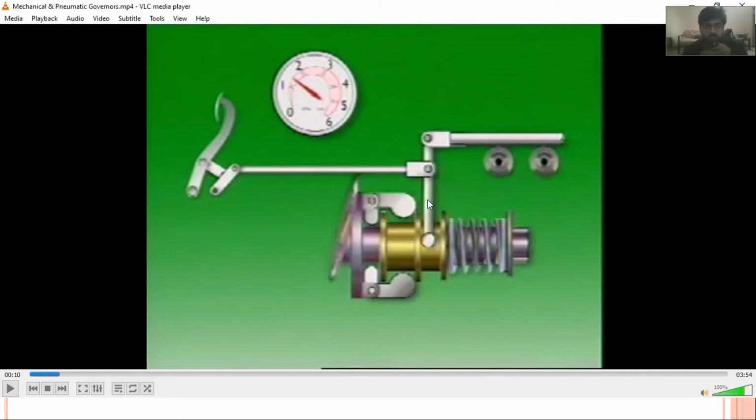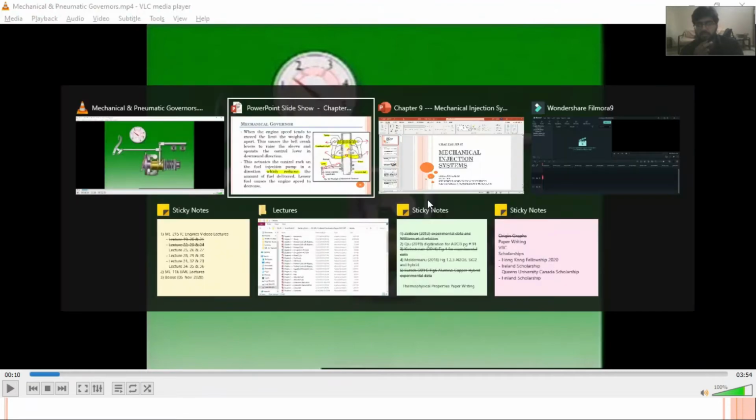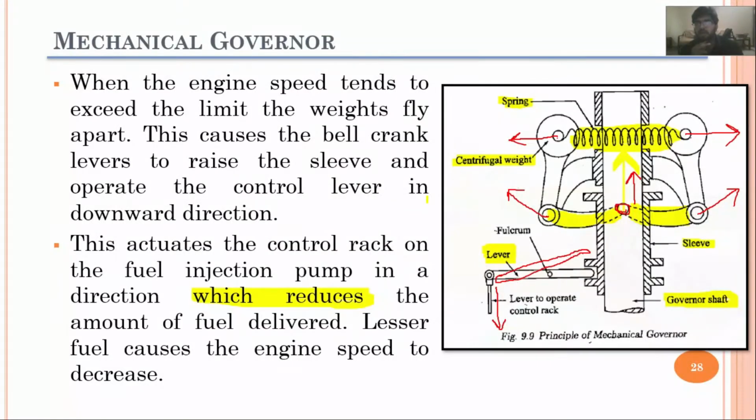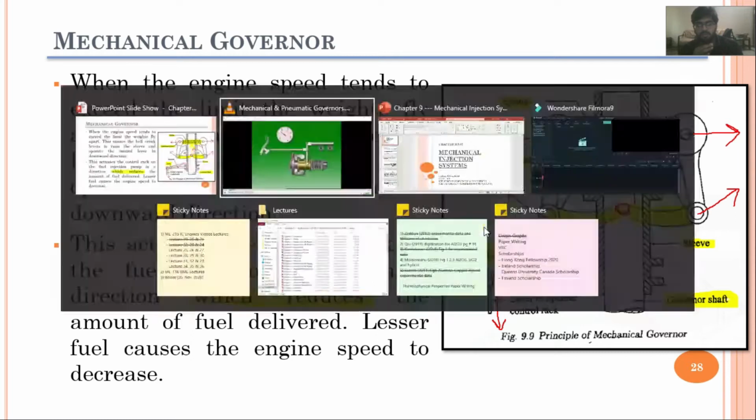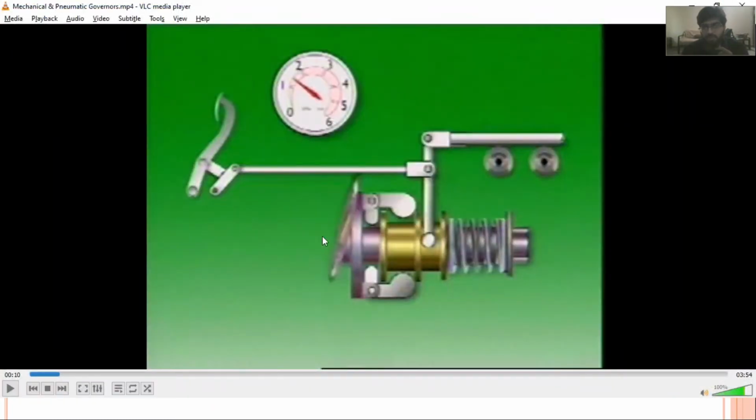So in these slides, this governor is placed in vertical formation. However, in this video, the governor is horizontal. The shaft of the governor is placed horizontally. This is the sleeve. These are those counterweights, and this is the spring.